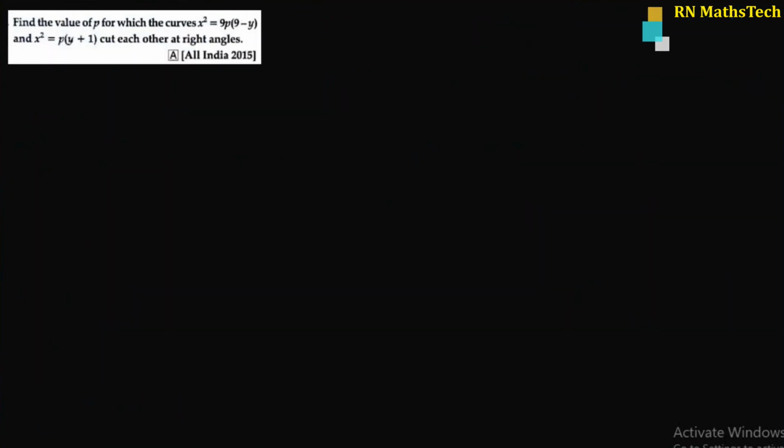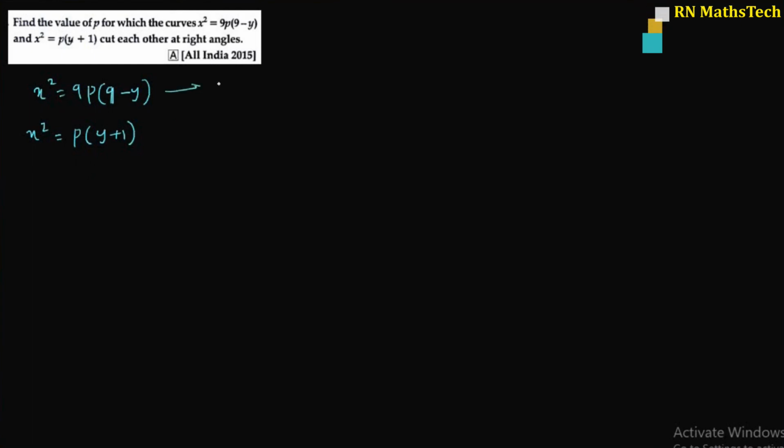Next, find the value of p for which the curve x square equal to 9p into 9 minus y and x square equal to p into y plus 1 cut each other at right angles. Okay.